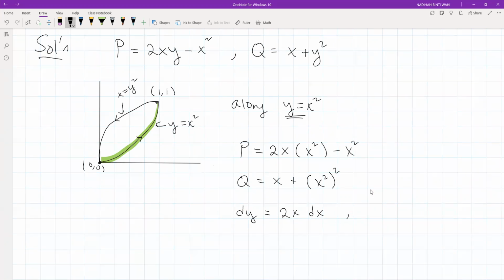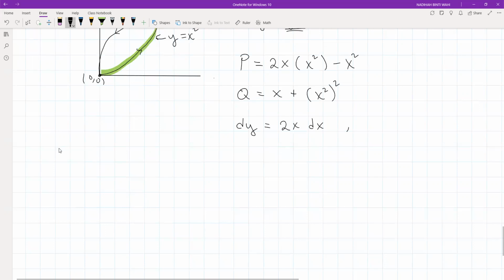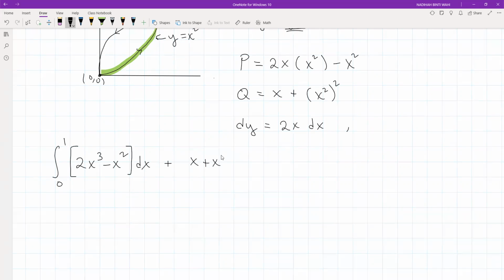dx doesn't change. So we go back to our original question. So x goes from 0 to 1. P is 2 times x cubed minus x squared dx, and then we have plus Q. Q is x plus x to the power of 4, and dy is 2x dx.